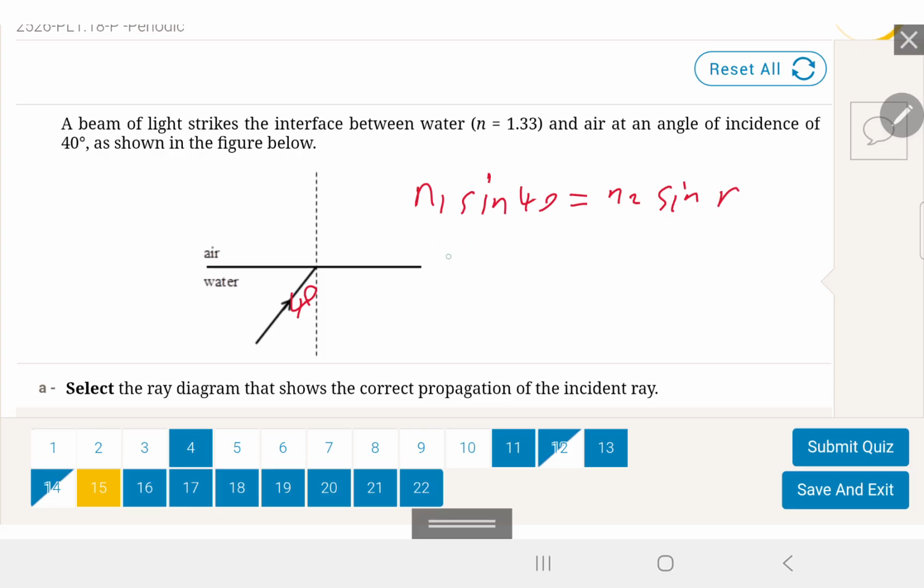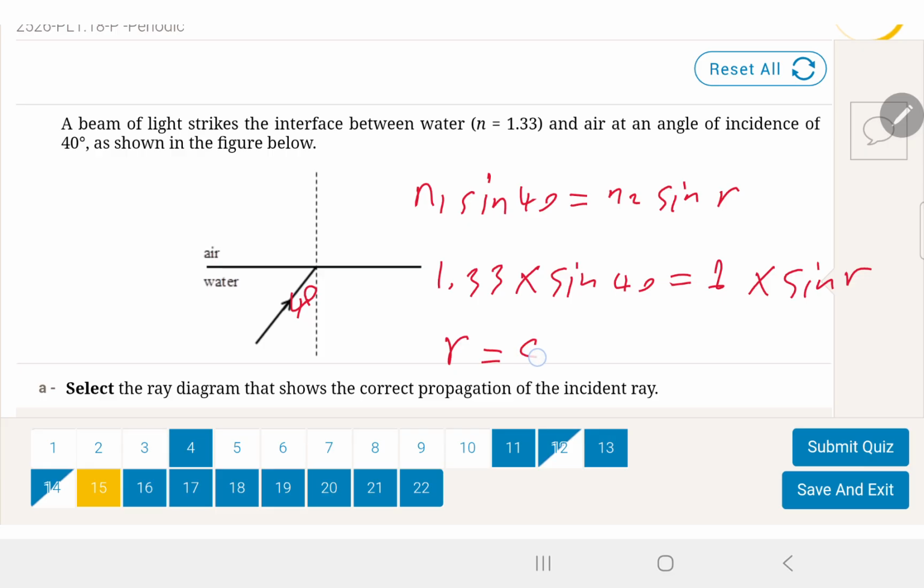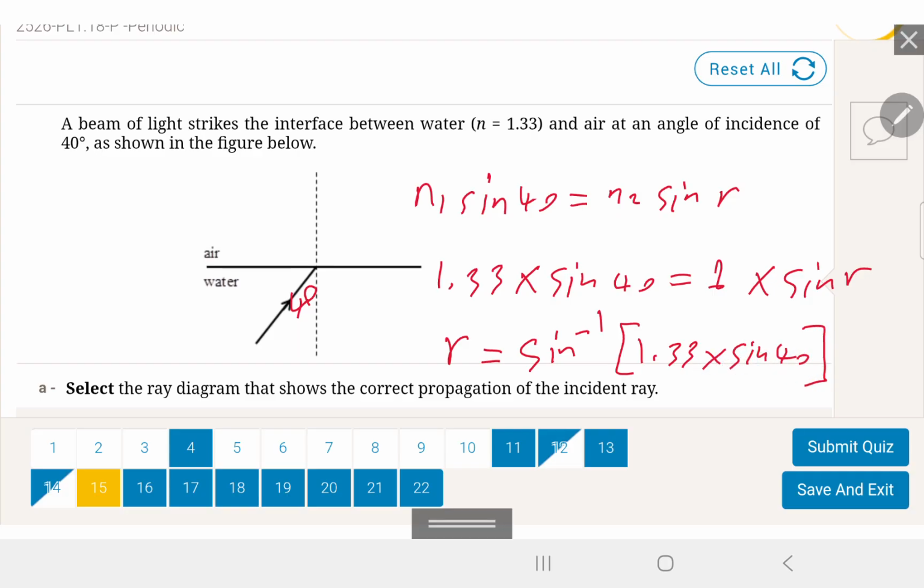So n1 is given to us here, water, 1.33, times sine 40 equals n2, it's air, it's always 1, times sine r. Now you multiply these and you do shift sine. So r will be equal to sine inverse of this amount, 1.33 times sine 40. Put it like this on the calculator, and you get the angle of refraction.